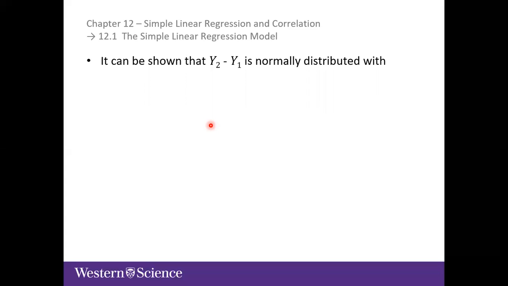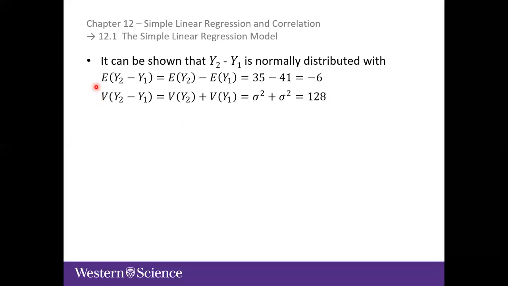Because y1 and y2 are both normally distributed, the difference is also normally distributed, with the expected value, the mean, of minus 6, which is the difference of the mean values. For the variance, y1 and y2 are independent, so we need to sum them. So the variance would be 2 sigma square.